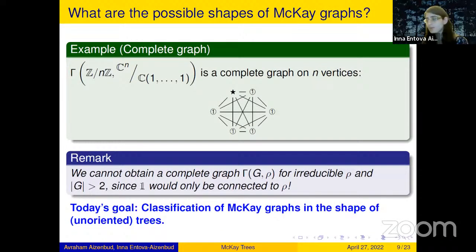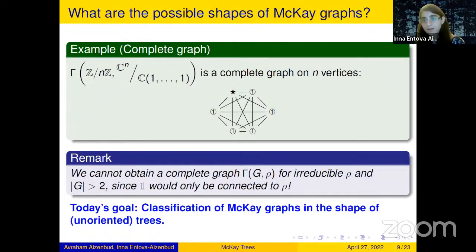So what we wanted to study in our work was what could be the possible shapes of McKay graphs, because we already saw that one can easily get unions of cycles, directed or undirected. And in fact, one can easily get complete graphs. Namely, we can get a McKay graph which is a complete graph if we take, for instance, the group to be the cyclic group, and we take a pretty big representation of dimension n-1.